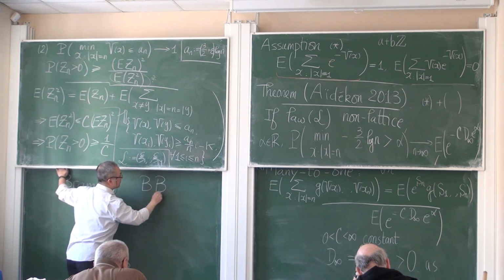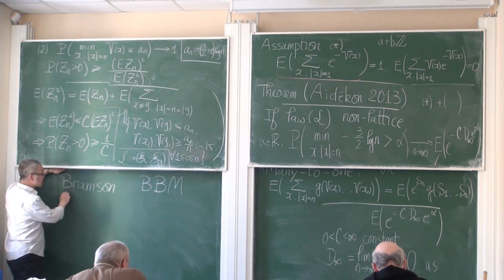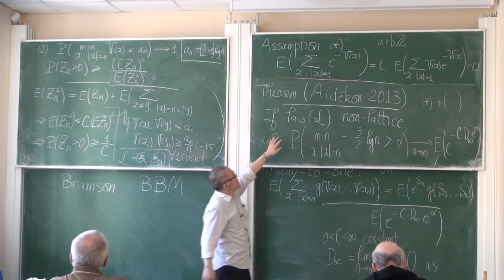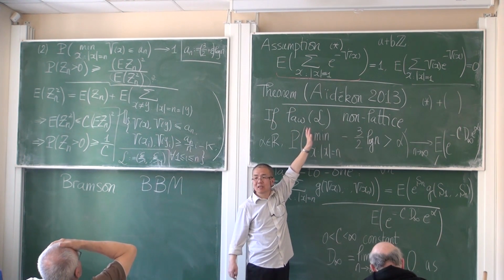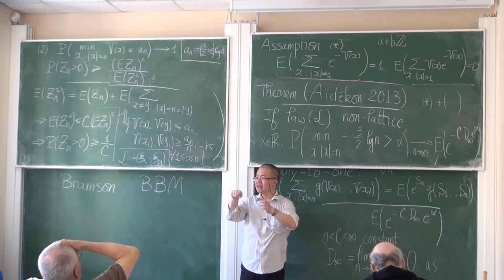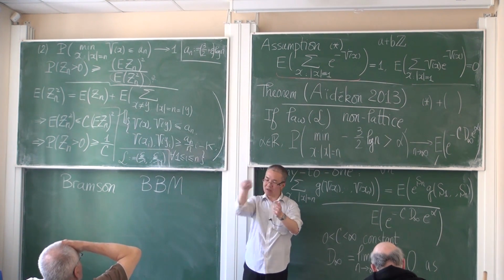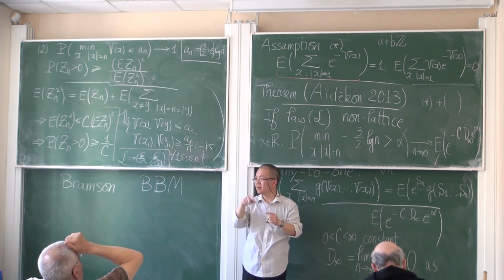So Bramson already proved it for branching Brownian motion, and I told you that the non-lattice condition is important, because if it's lattice, then it's quite possible that it doesn't converge. Somehow it turns around, you have this cyclic phenomenon.